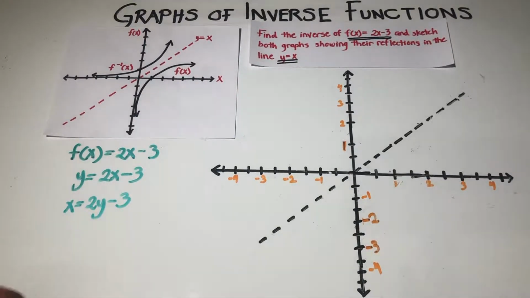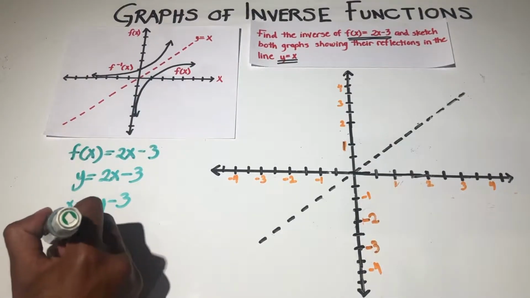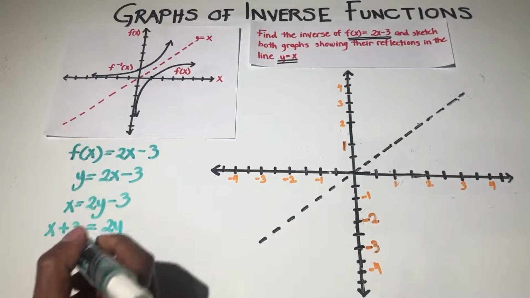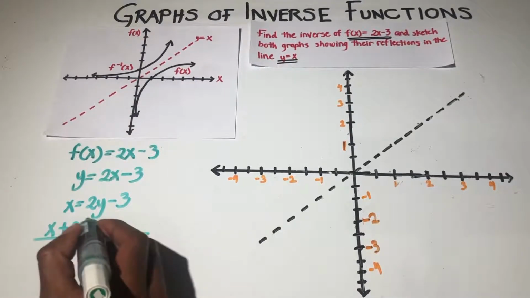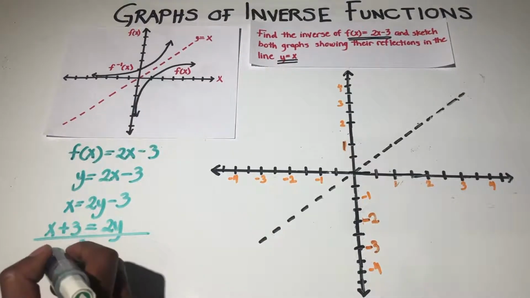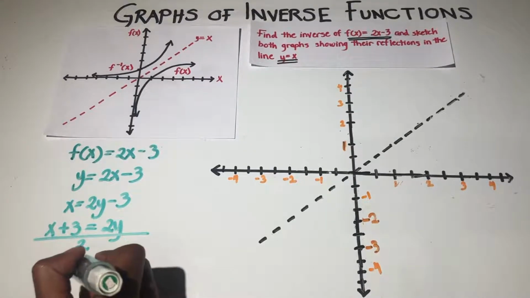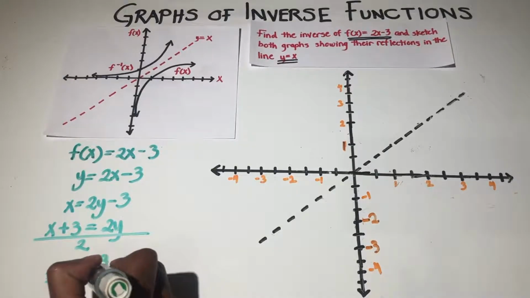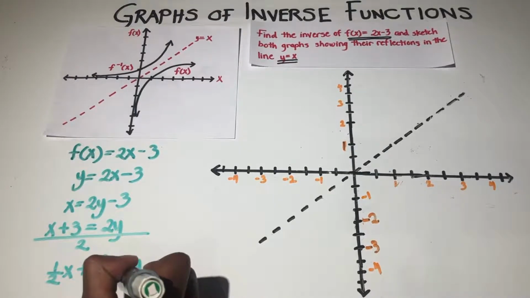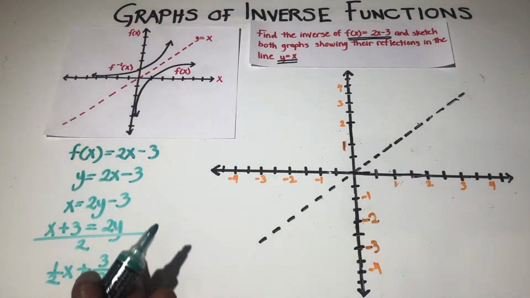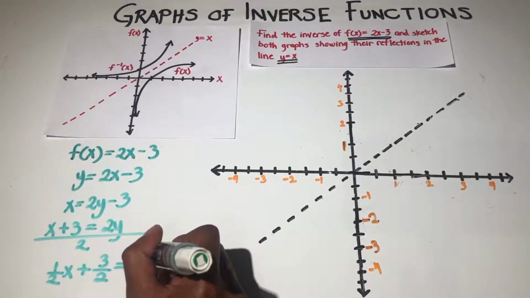Then if you add 3 on both sides, you're going to end up with x plus 3 is equal to 2y. And then if you divide by 2 in each term, eventually you're going to get one half x plus 3 over 2 is equal to y. And then, of course, don't forget to replace y with the f inverse notation.